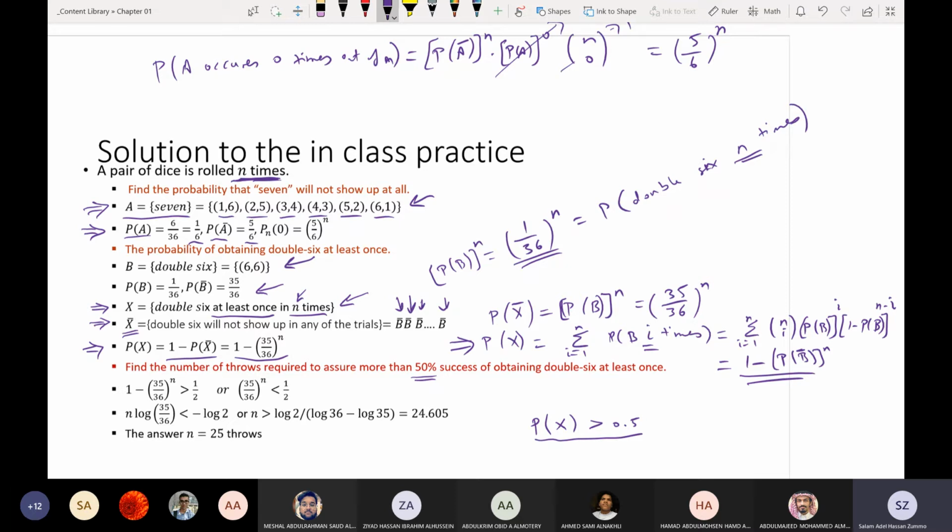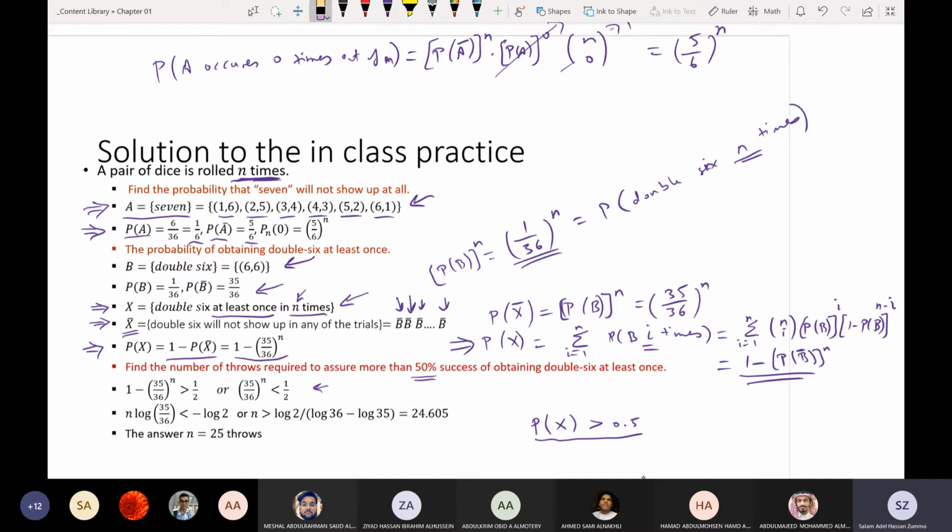What is the probability of x? It was 1 minus 35 over 36 to the power n. If this is larger than 0.5, then we just simplify. This is less than 0.5, and we try to solve for n.